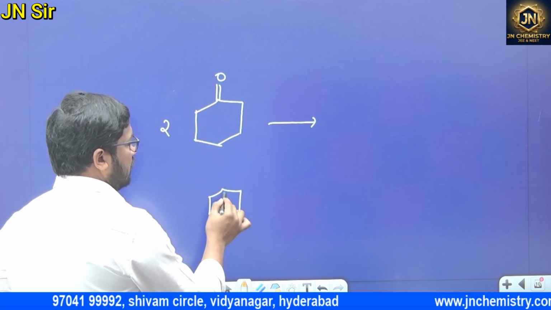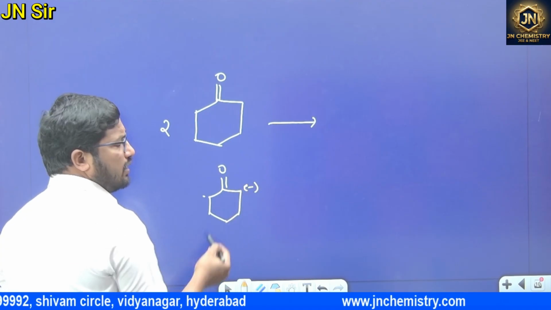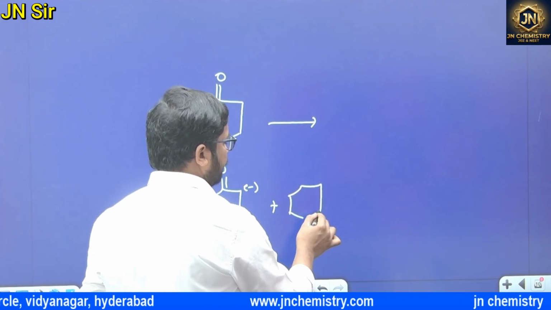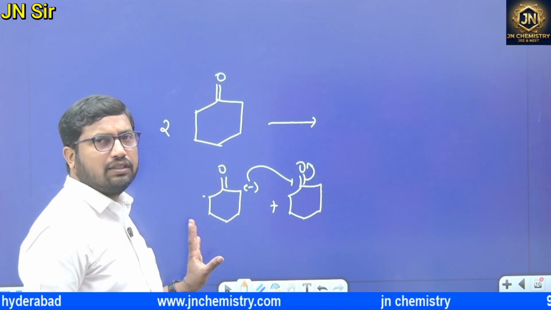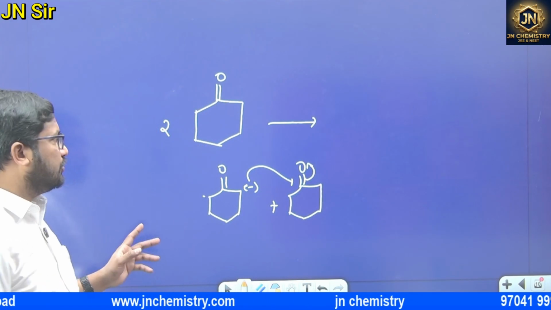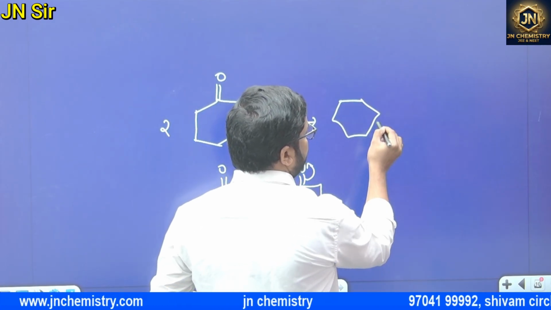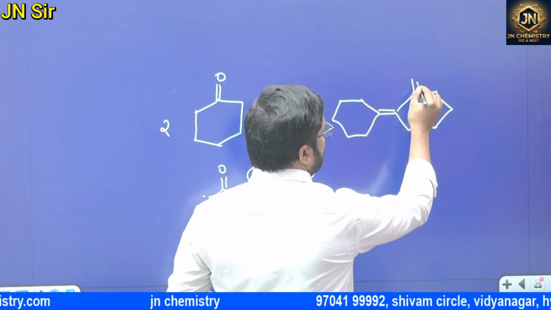This is alpha, right? So any alpha hydrogen, just remove it and do the nucleophilic addition reaction. That's enough. Then add H plus, remove water. So simply, we get the product directly. Like this we will write.